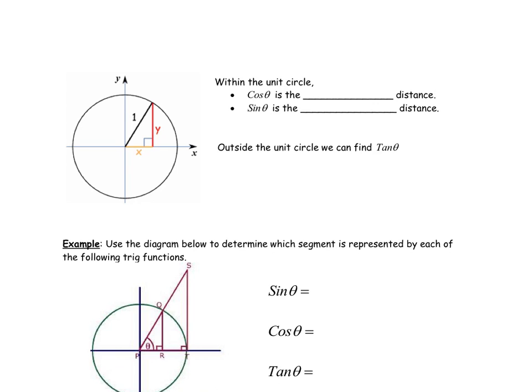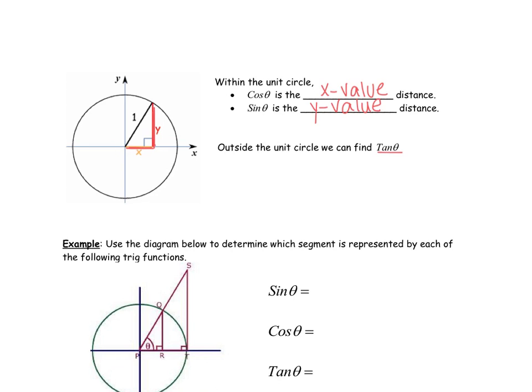Okay, so from what we just concluded, the x value has to be cosine of theta. So we'll say the x value distance, and the y value distance is the sine, and the outside distance will help us find tangent.